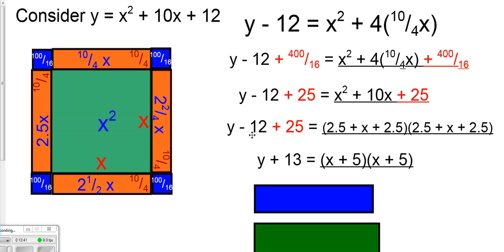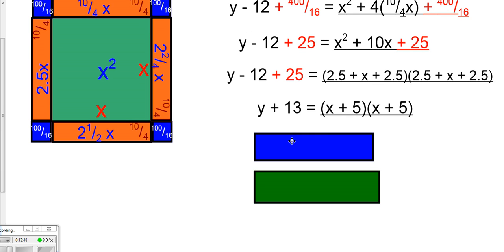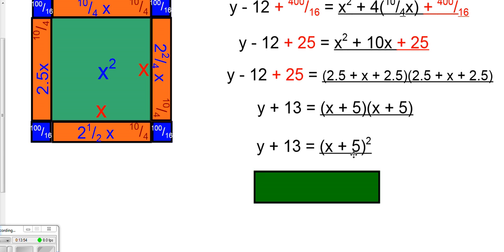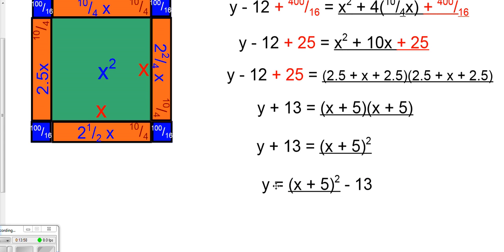And on my left side, instead of minus 12 and plus 25, I'm just going to call it y plus 13. Now again, I've got 2 binomials, but they're the same binomial, so I can just call it x plus 5 squared. And lastly, I want to get rid of that 13, so x plus 5 squared, subtract 13.